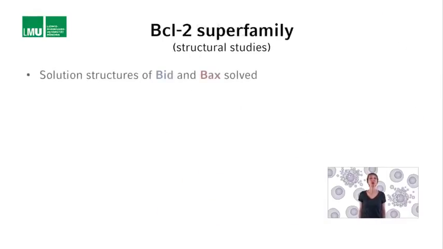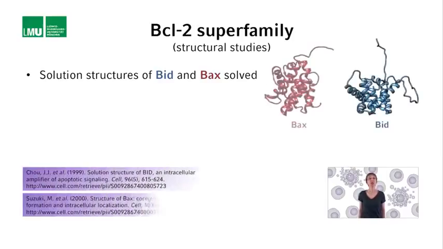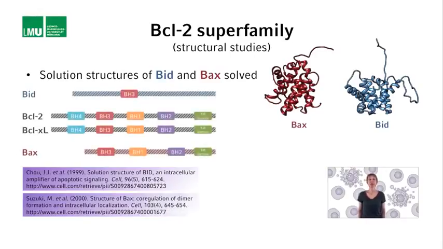The solution structures of additional members of the BCL2 superfamily were solved in the following years. First, that of BID, one of the sensors, and then of BAX, one of the effectors, and others followed as well. Remember, the overall sequence identity between BCL2 and BAX is only about 20%. And BID only shows sequence similarity to other members of the BCL2 superfamily in the BH3 domain, but not in other regions of its sequence.